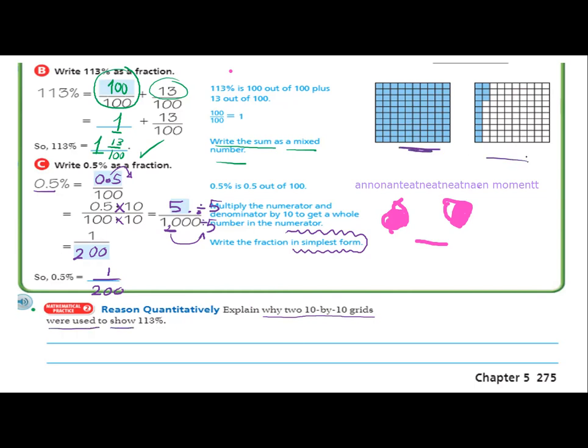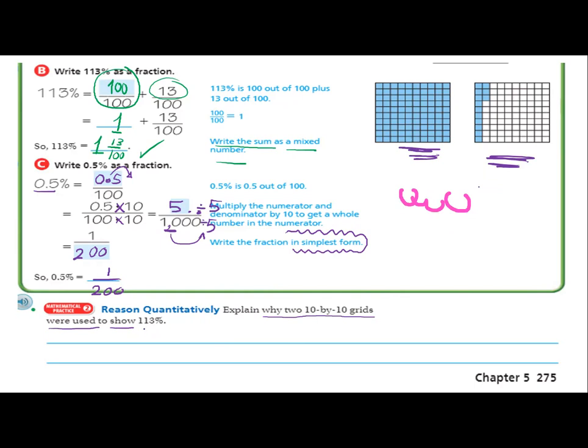Can you see? Yes, I can see. Because one 10 by 10 grid is a whole that is shaded all, and the second one shows the 13. Together they equal 1 whole and 13 over 100.